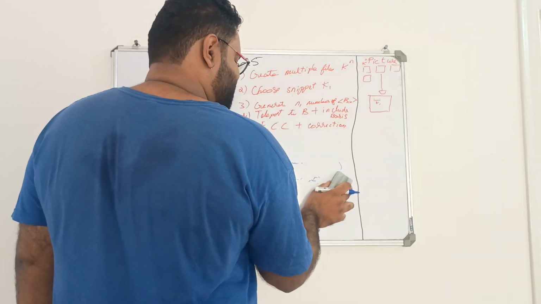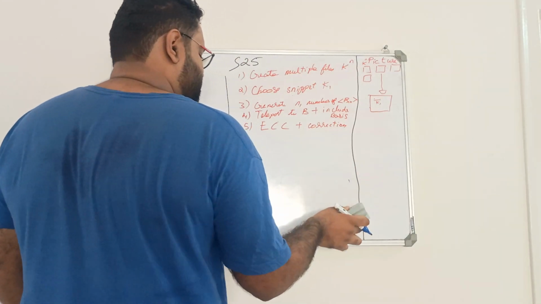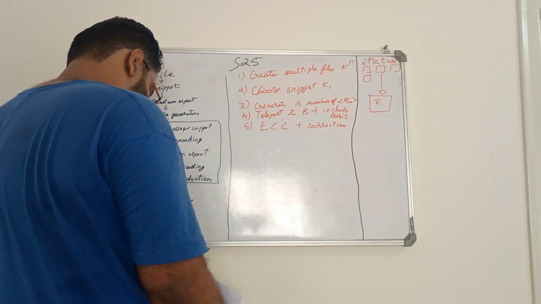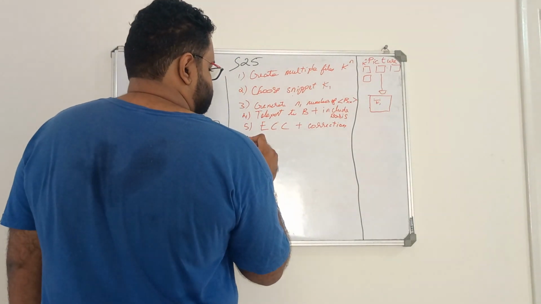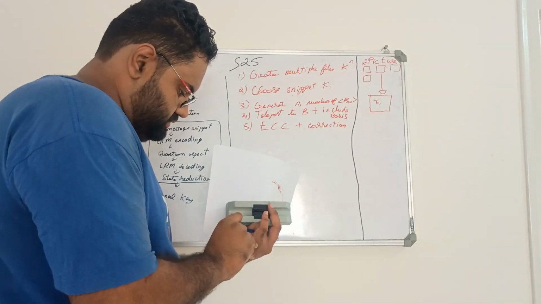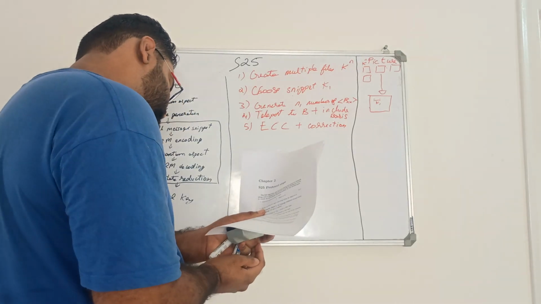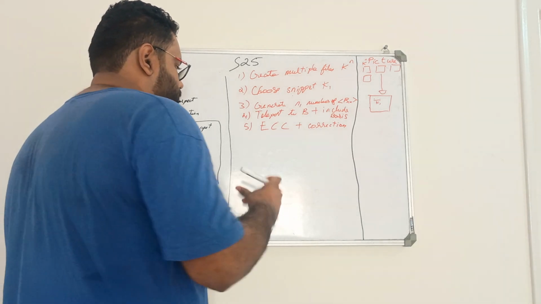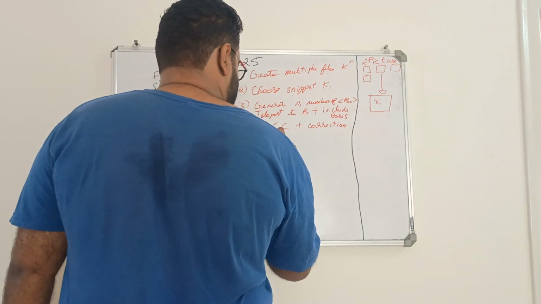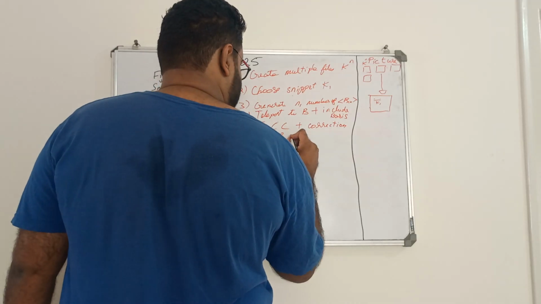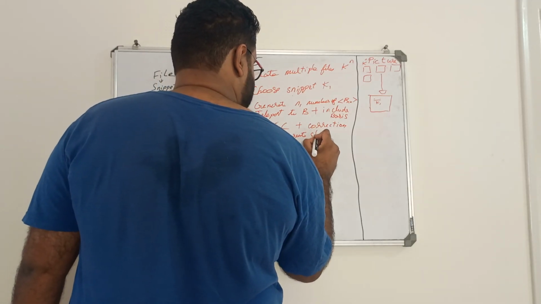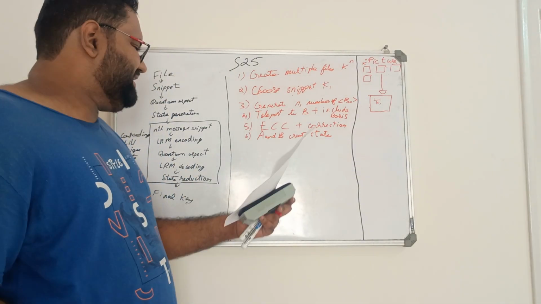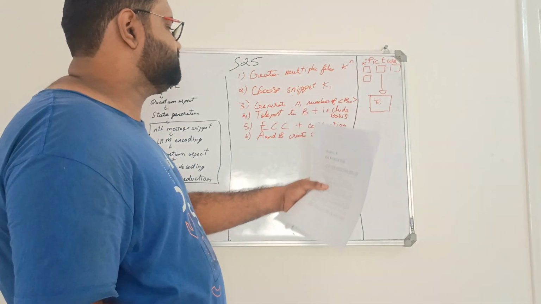Now after this, both A and B create something called states. What exactly these states are is that they store the position.